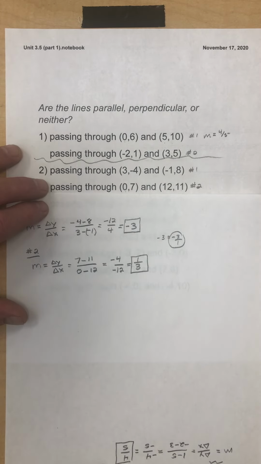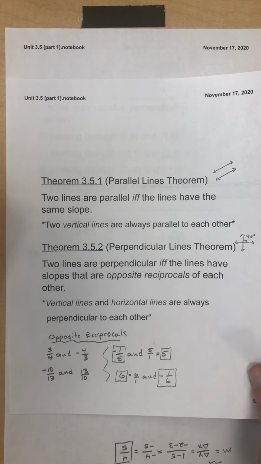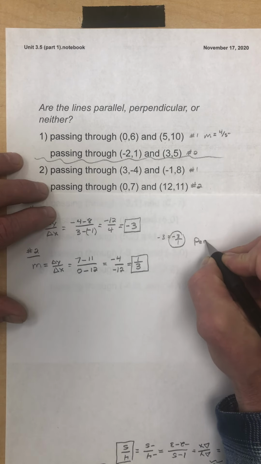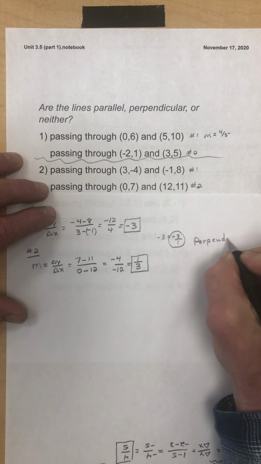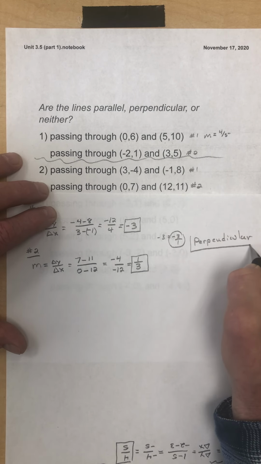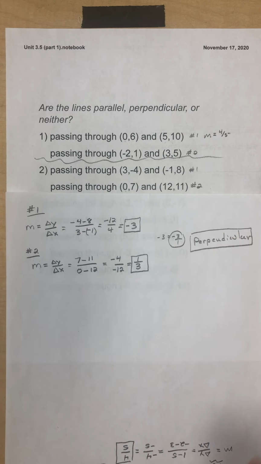So since the slopes are opposite reciprocals, these lines have to be perpendicular. So these two lines would intersect and form a 90-degree angle.